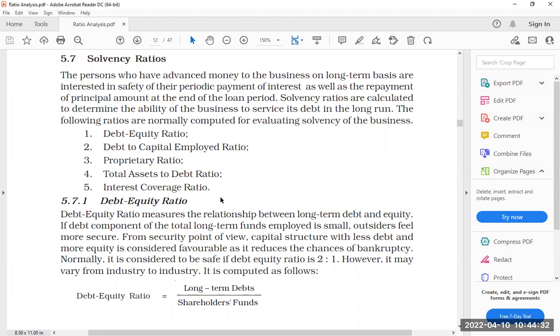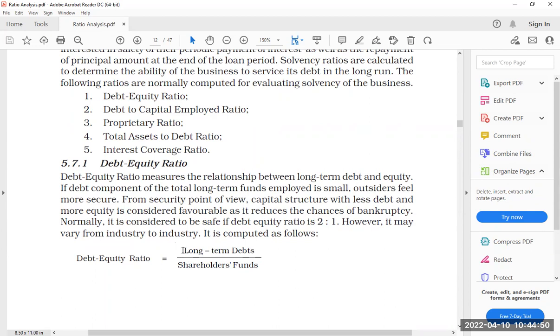Debt, what is debt here? Debt means the long-term borrowings. Equity means shareholders fund. Okay, so the first ratio, debt equity ratio, is equal to long-term debt divided by shareholders fund.